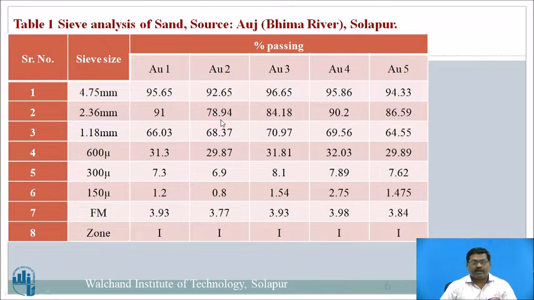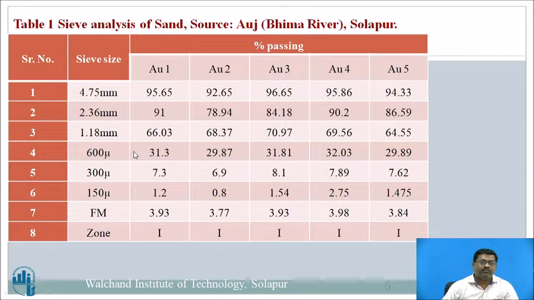If you observe, the percentage passing for all these samples at 4.75 mm is near about 92 to 96. For 2.36 mm, it starts from 78 and goes up to 91. For 1.18 mm, it is in the range of 65 to 70.